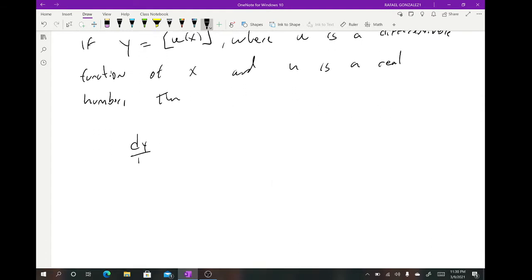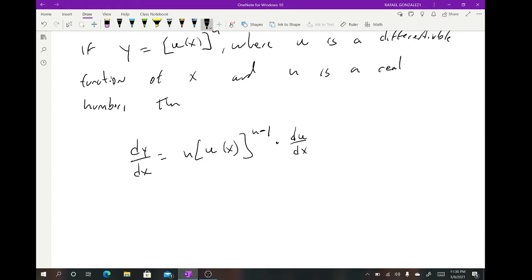The derivative of y with respect to x is equal to n times u of x to the power n minus 1 times the derivative of u with respect to x.